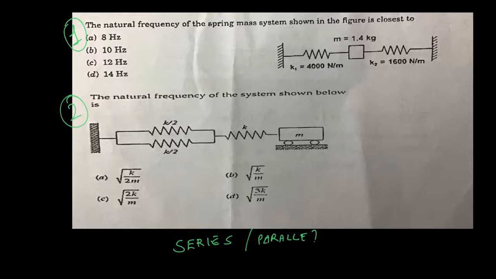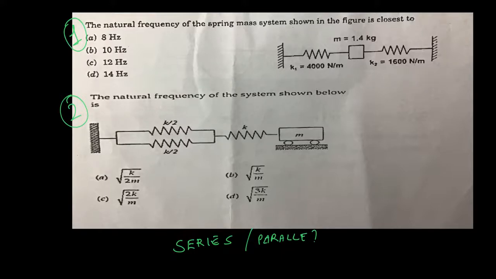The key thing you should observe is that for this particular configuration, whatever be the extension that is felt by the first spring, the spring with a stiffness of 4000 Newton per meter, the same deflection will be felt by the second spring as well, which is having a stiffness of 1600 Newton per meter.